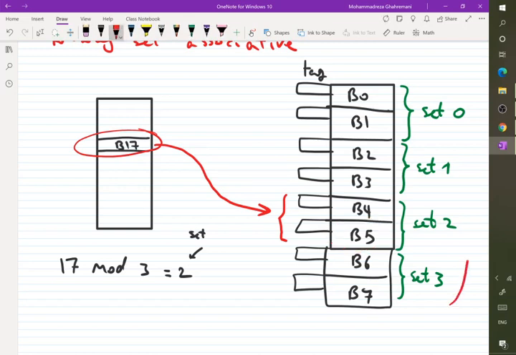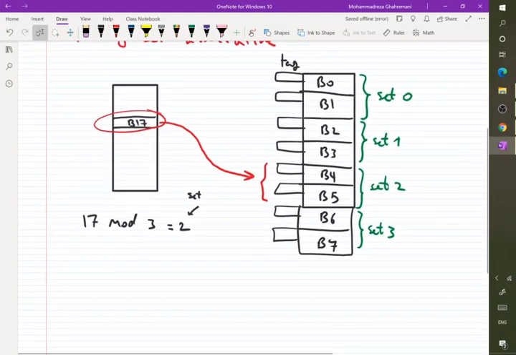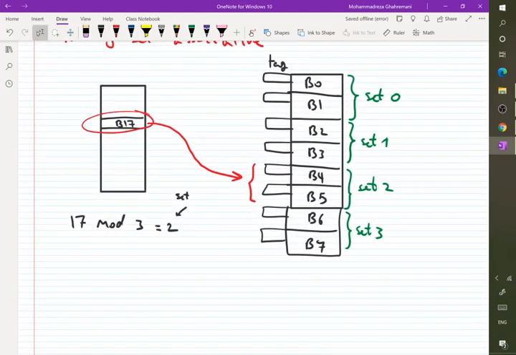So in order to determine the set number, the processor works like direct mapping, and inside each set we consider it as fully associative mapping. So it's a combination, and it has the advantages of both fully associative and direct mapping. This is the way n-way set associative works.